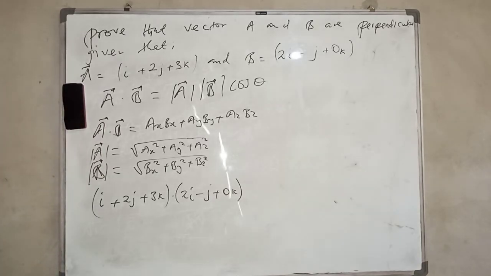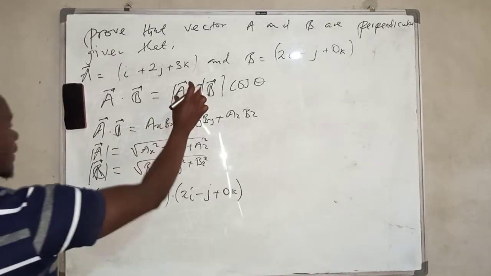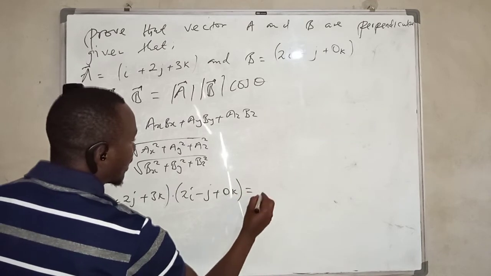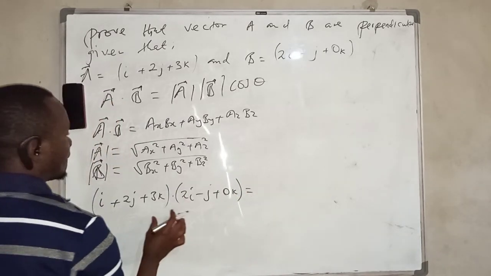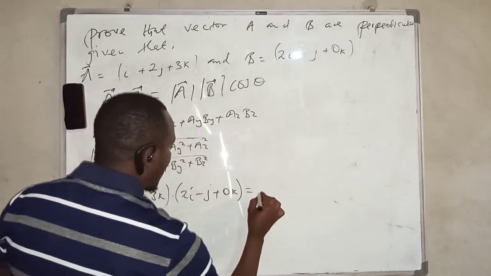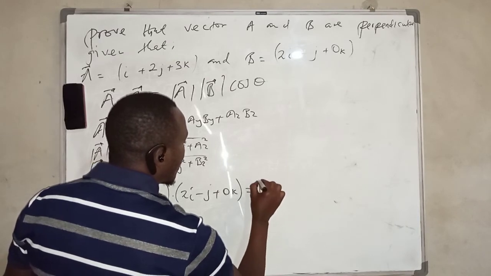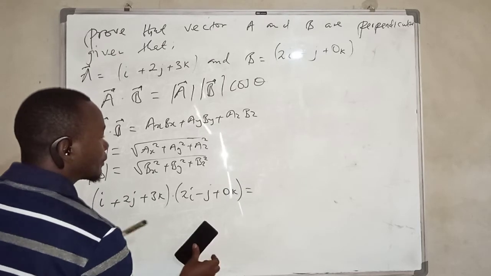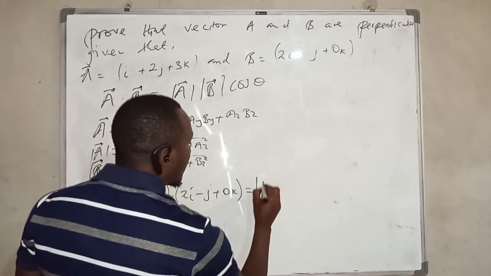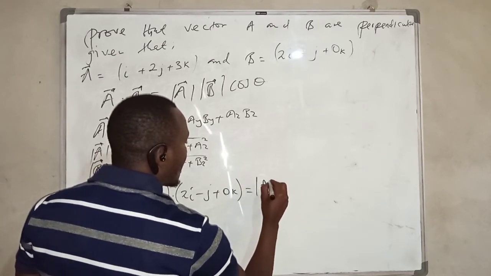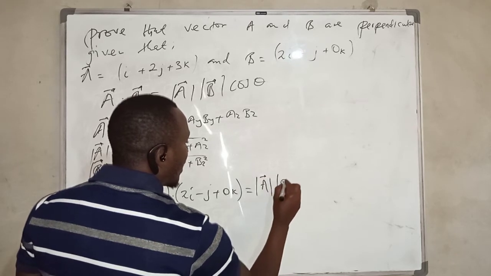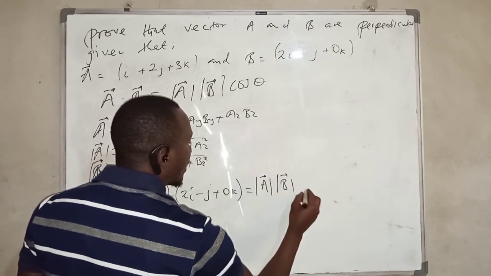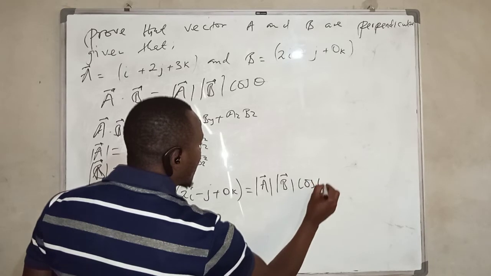So this one must give us the magnitude of A and the magnitude of B, then cos theta.